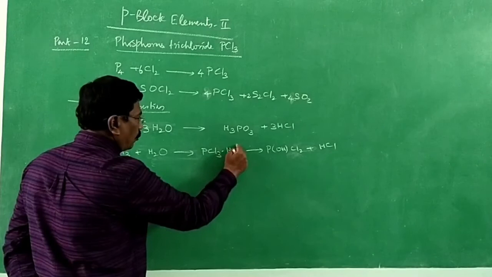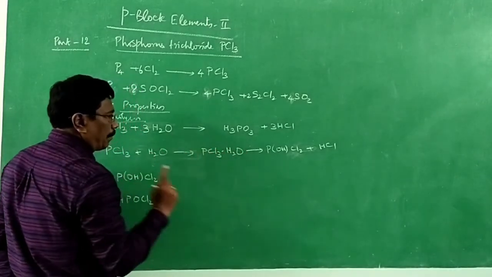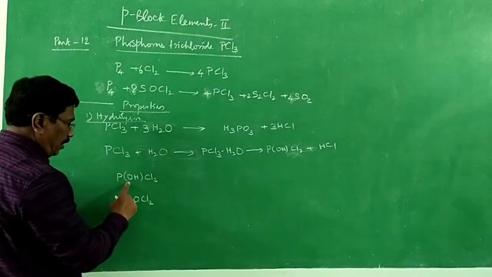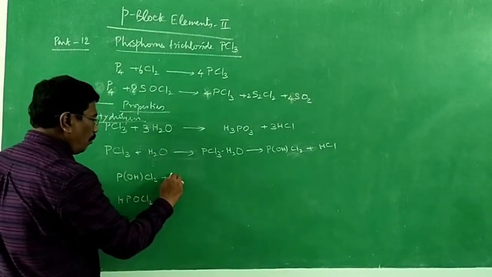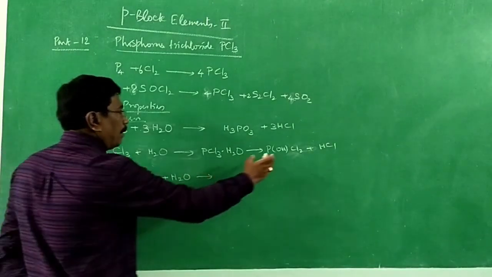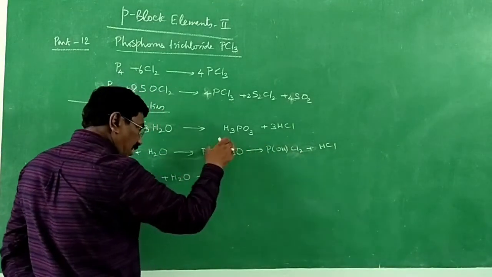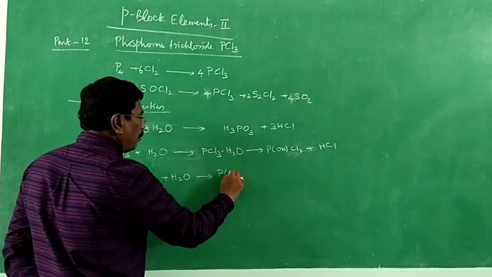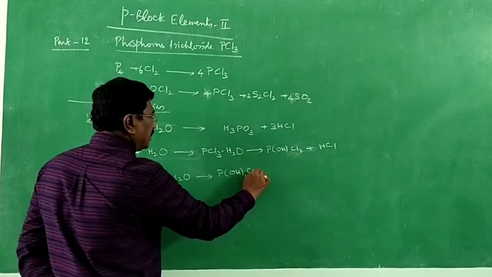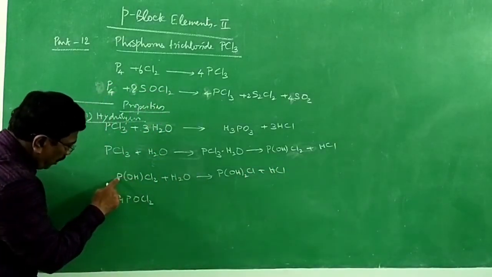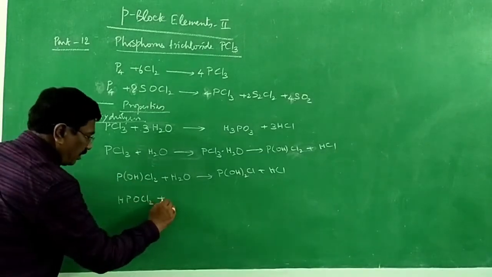Therefore this hydroxyl group replaces one chlorine, giving POHCl2. With this POHCl2, one more molecule of H2O is added. So what will happen? Another chlorine will be replaced like this. Again, addition of water, and then another chlorine will be replaced by OH. You will be getting P(OH)2Cl, which can otherwise be written as HPOCl2 plus H2O.